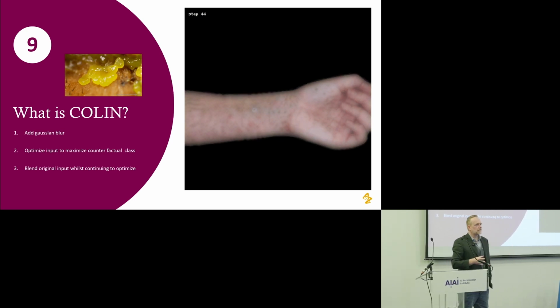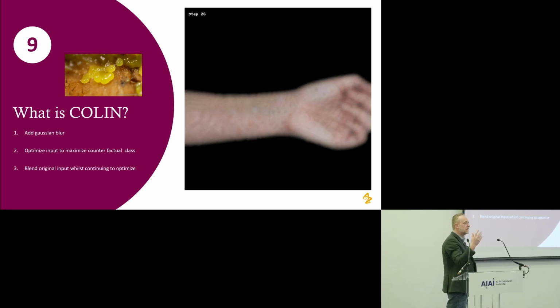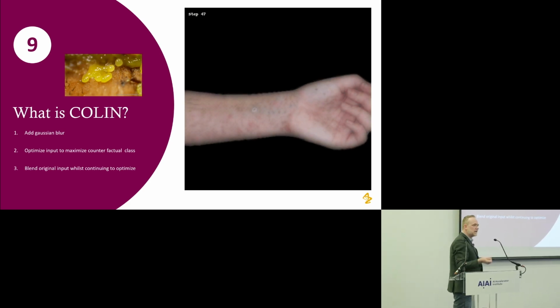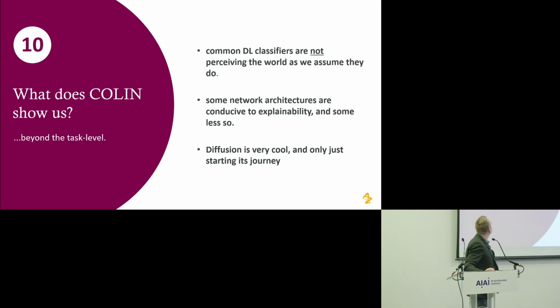So it's a bit like Stable Diffusion, but no other black boxes. Nothing needed to be learnt. There's only the diagnostic model at play here. So everything you see that's being shown is explaining only the diagnostic model, not the generator. So what did we learn in general?